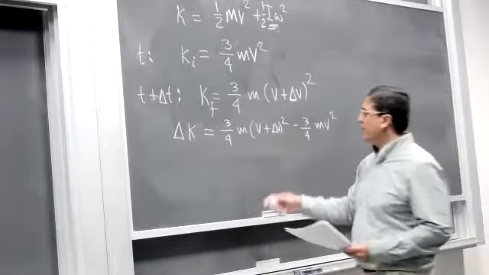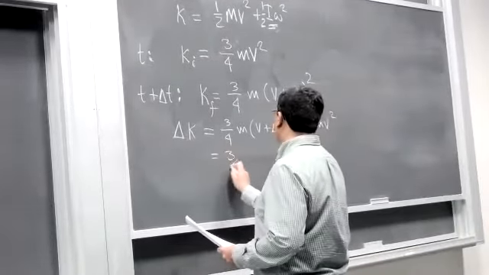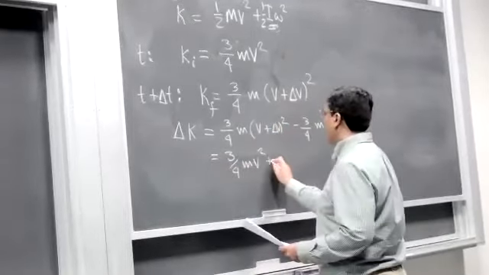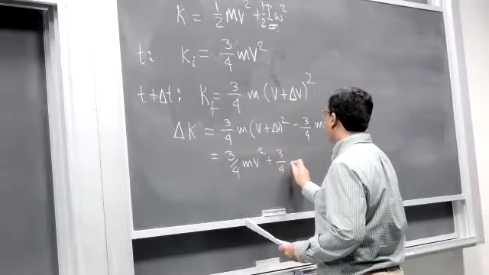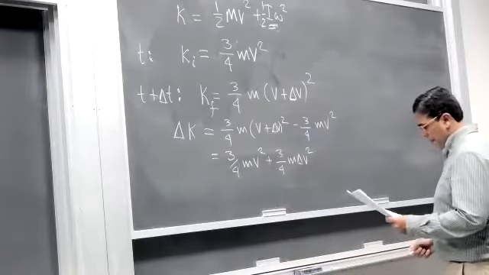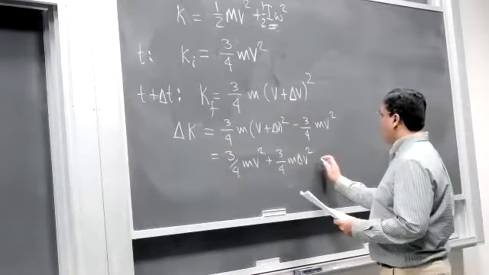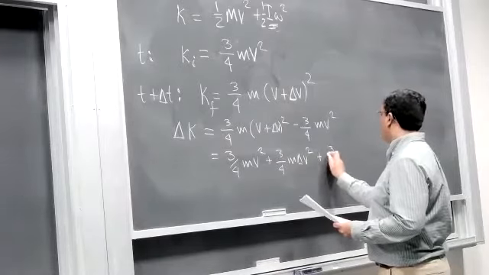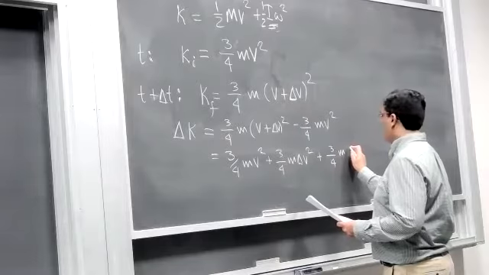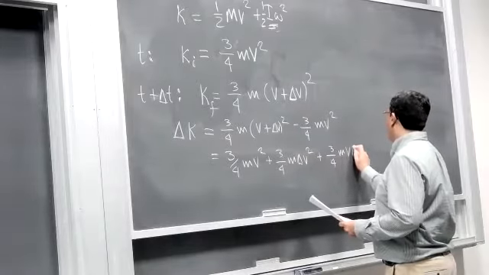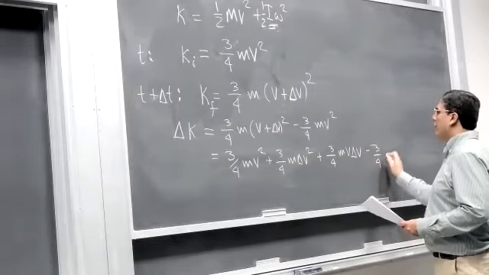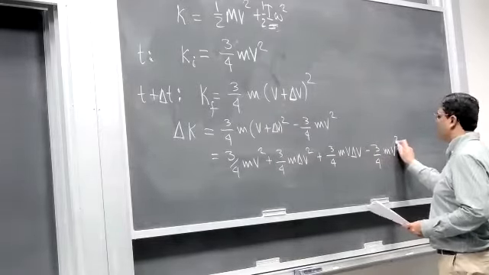Now we expand this square, and this is 3/4 mv squared plus 3/4 m delta v squared plus 3/4 m v delta v, right? Minus 3/4 mv squared, right?